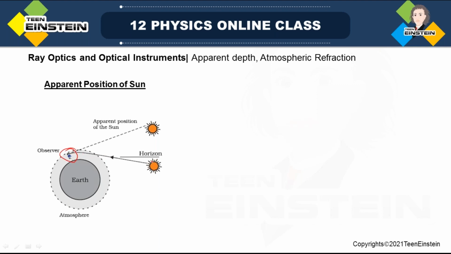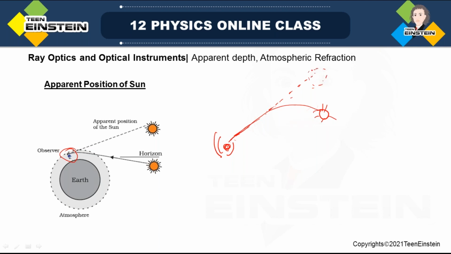We don't backtrace and come here. If the light is coming like this, we'll see in this way, just like this. So the sun is coming from here, but we'll see it from where we are. Even though the light is coming from here because of this refraction, our eyes will see the path straight away.